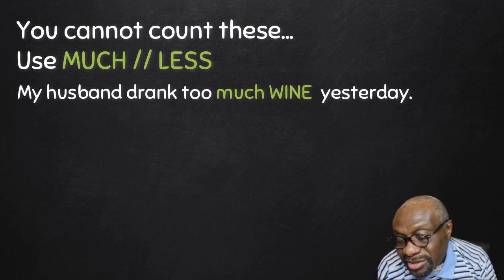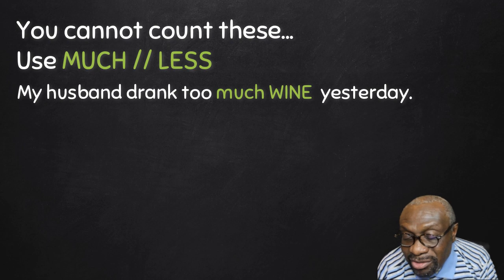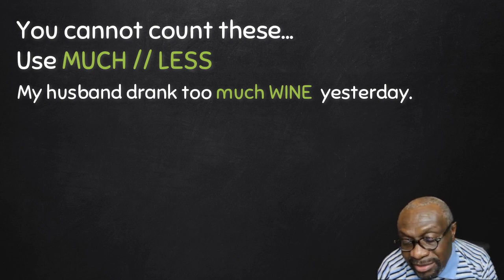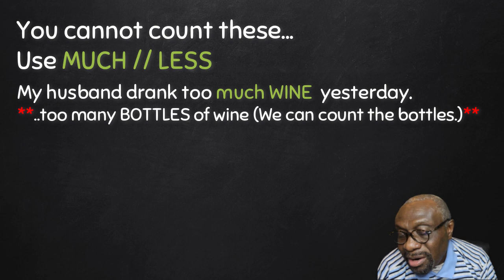My husband drank too much wine yesterday. But because you cannot count the wine, yes, that's why you say too much. But then if you say he drank too many bottles of wine, you are right.